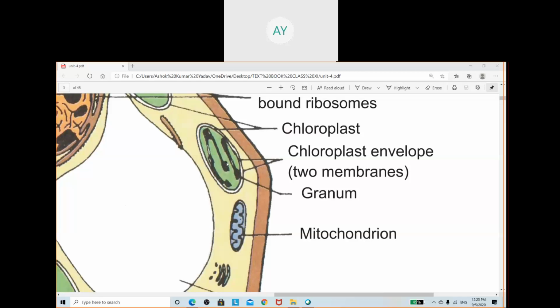All of you? So CF0 CF1 particle that is present in chloroplast, where there is a synthesis of ATP occur. So generally it is attached with lamellar membrane, interlamellar membrane. Okay. So on this interlamellar membrane there is a CF0 CF1 particle present.